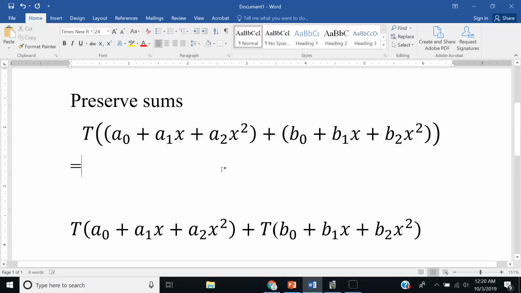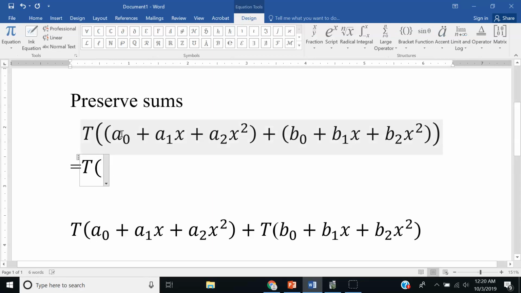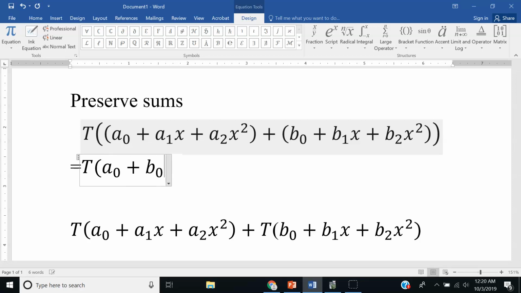So here's what we do. This first one. If you add things up, what's going to happen? We're going to get T of, and then notice what my constant numbers are. My constant numbers are going to be a0 plus b0. And then the coefficients, let me write a little bit of parentheses around there. So my constant number is going to be the sum of a0 plus b0.